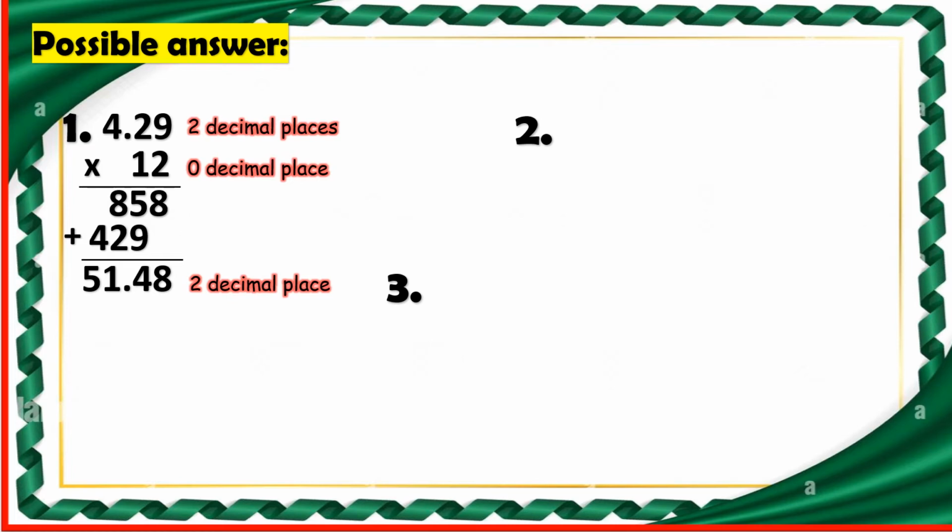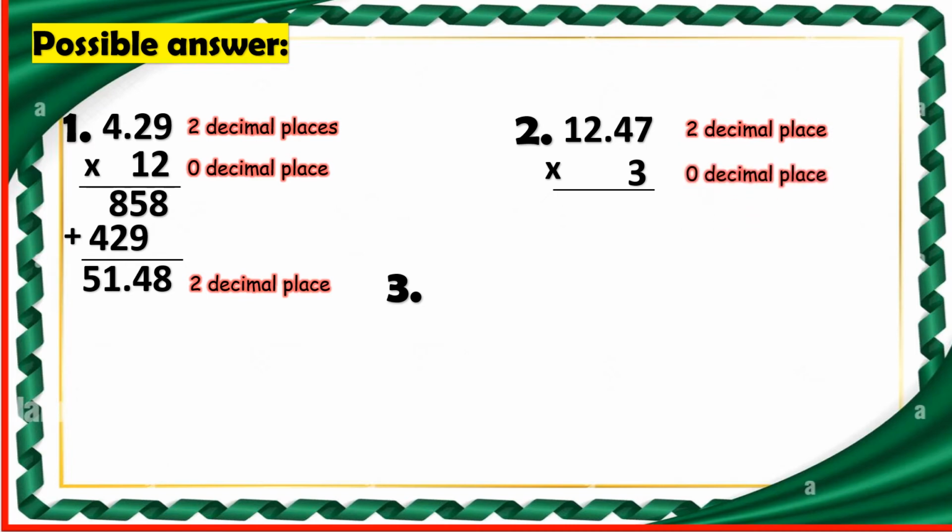Okay, so let's move on to number 2. For number 2, the given is 12.47 multiplied by 3. So 12.47 has 2 decimal places, and then 3 has 0 decimal places. So let us multiply 1,247 by 3.